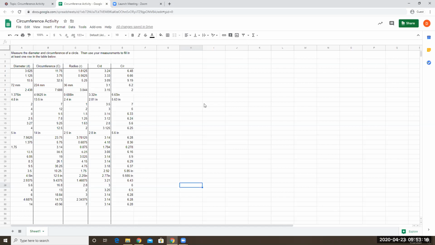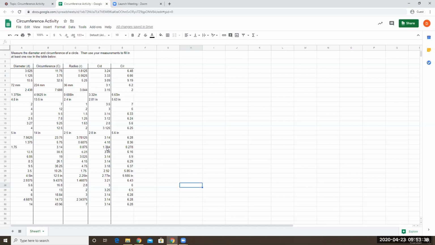Now the main thing that I wanted to drive at through this activity was, if you look at this column here, where I asked you to compute the ratio of the circumference to the diameter, you'll notice that all of these numbers are pretty close to the same. There are some outliers, like this one right here, 1.794. I'm not sure how that happened.